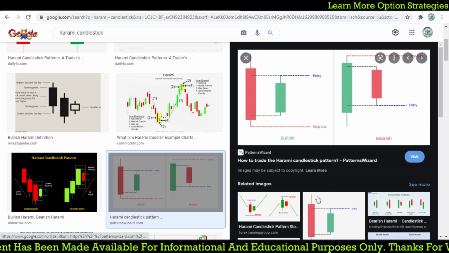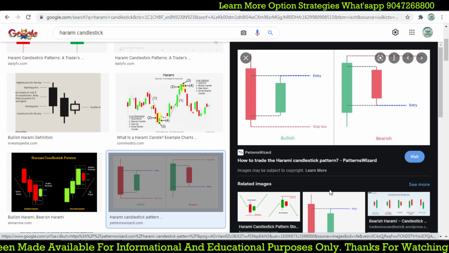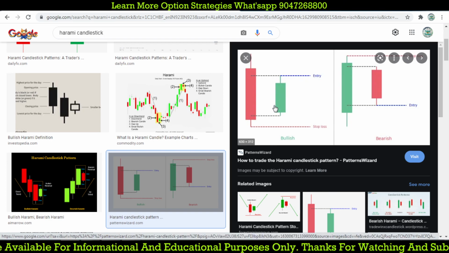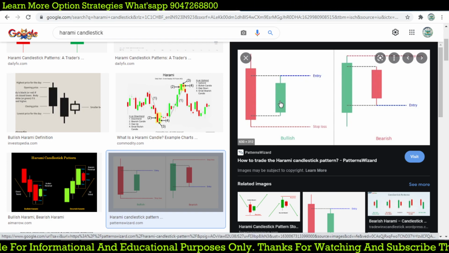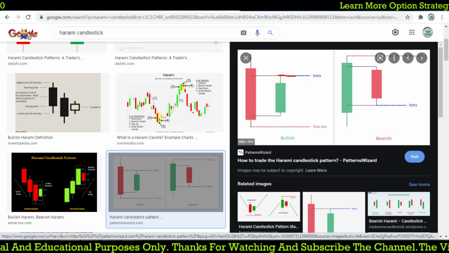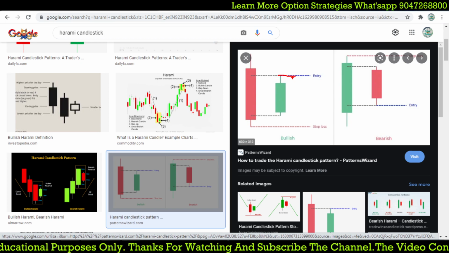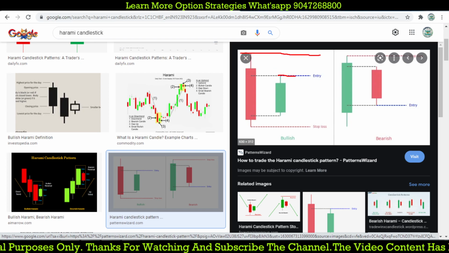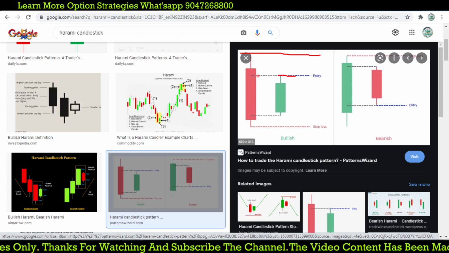There is confusion about where to enter in the Harami candle. Here it shows entry at the next candle itself. An aggressive trader can take entry at the next candle itself, and a conservative trader can take entry above the first candle's high, or the setup high.